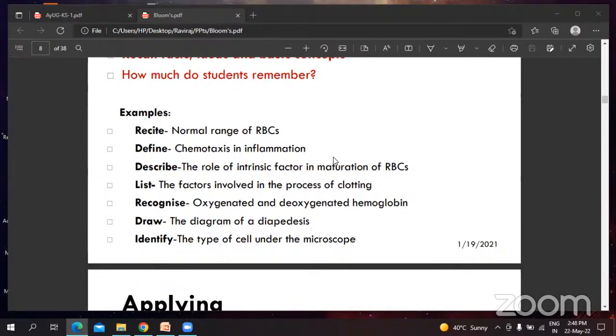Since you are in Ayurveda now, we will tell you to recite some shloka, a one-liner shloka, and you will have to read it repeatedly. In order to remember it, you'll have to recite it repeatedly. Then only you'll be able to recall that shloka. The same things apply here also.